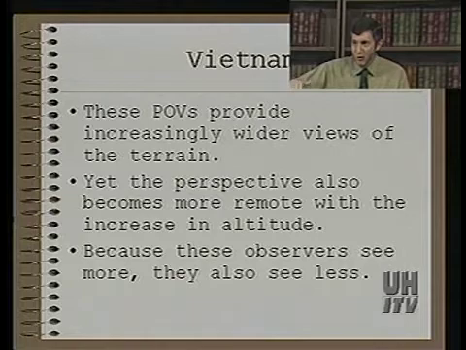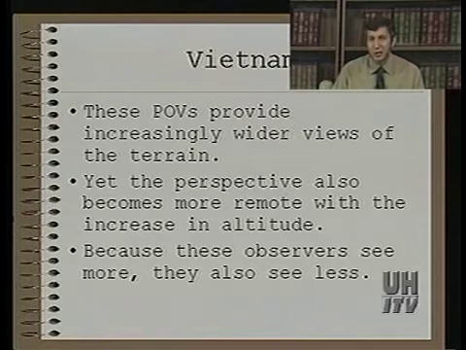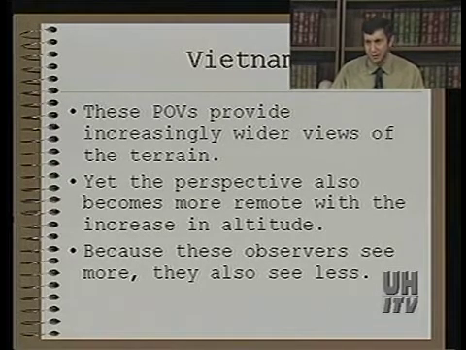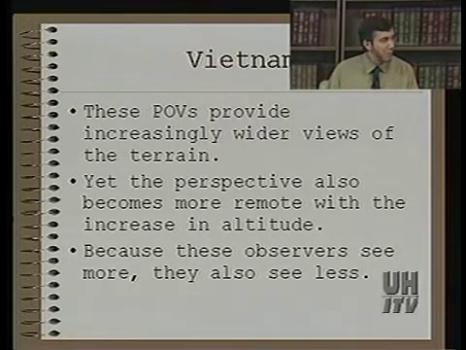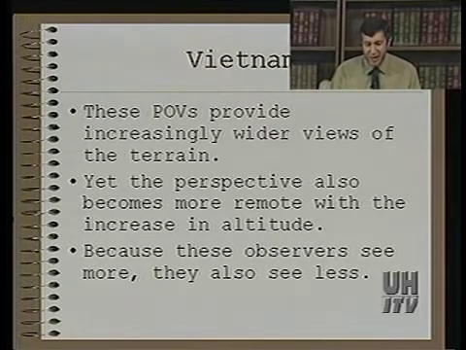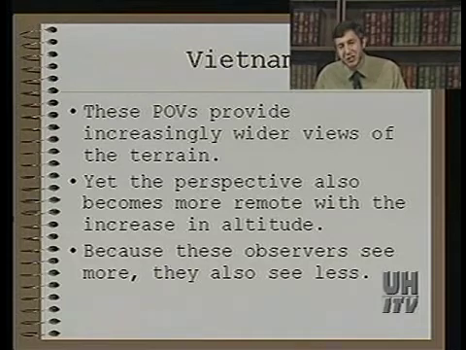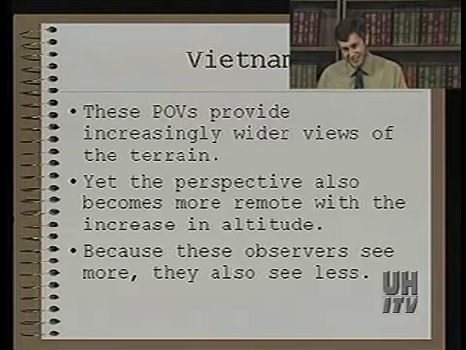So as you rise higher, you get a very different point of view. You get an increasingly wider view of the terrain. But as you rise up, you also become more remote from what is occurring on the ground. So ironically, you see more and you see less.